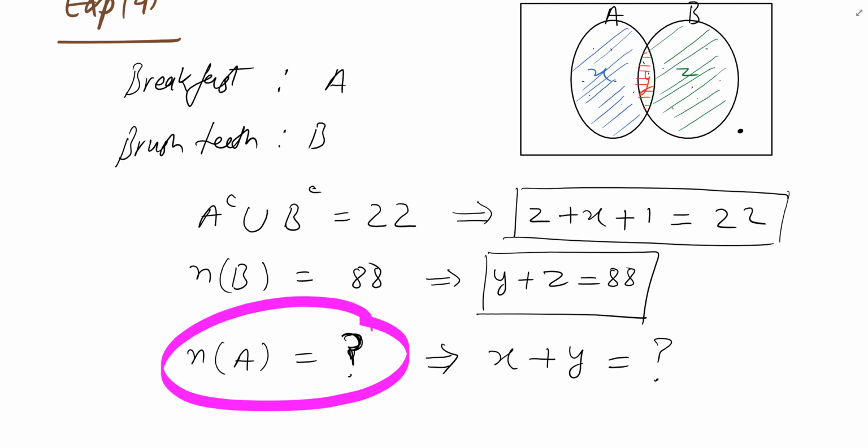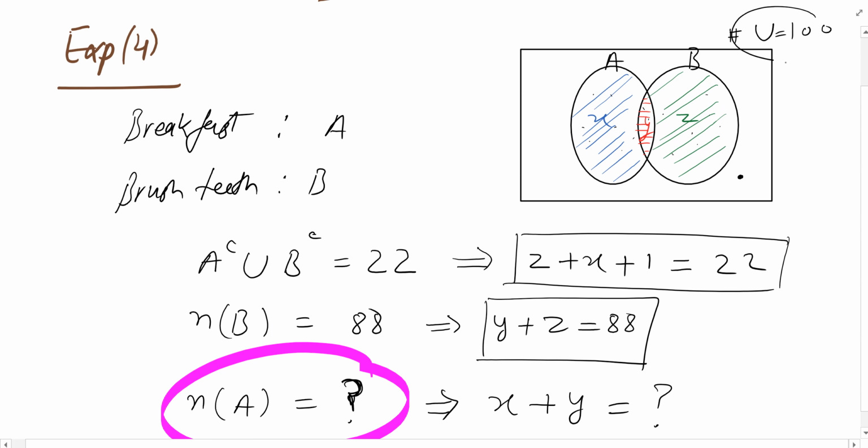And what else? We have this statement, that one. The YZ is 88. Now the final statement that we didn't write yet: all those guys together, they are 100. We didn't use that yet, right? So let's use that.